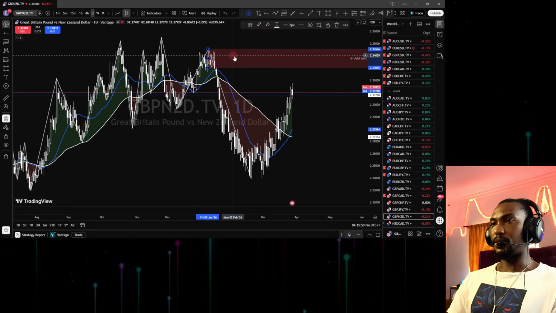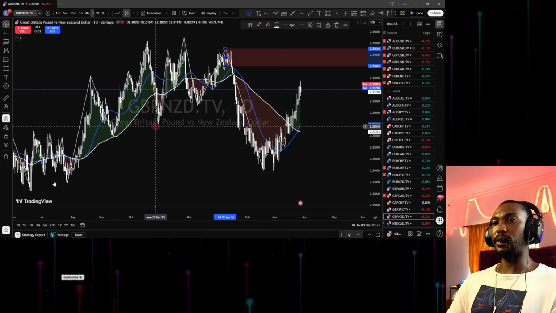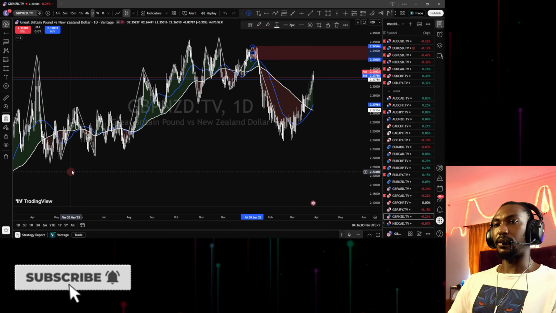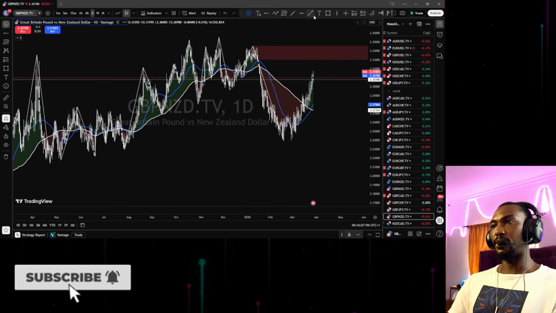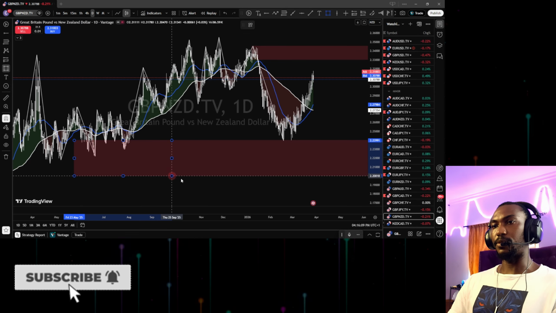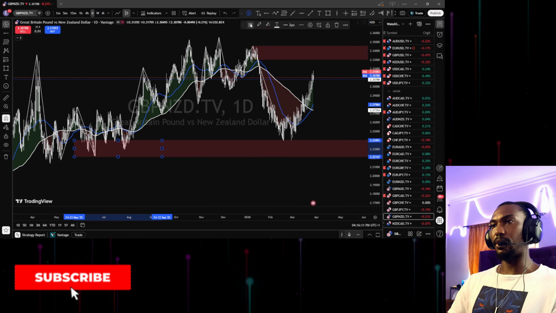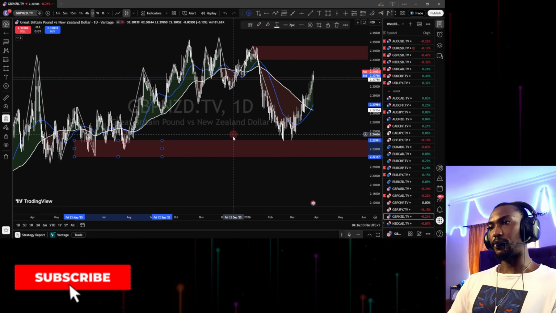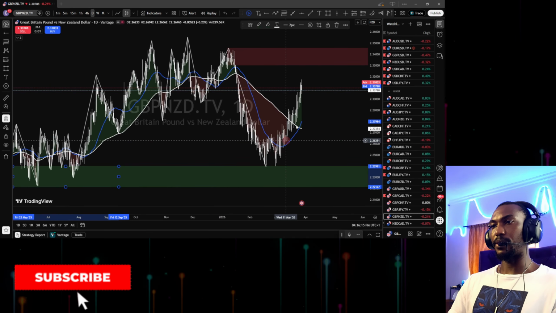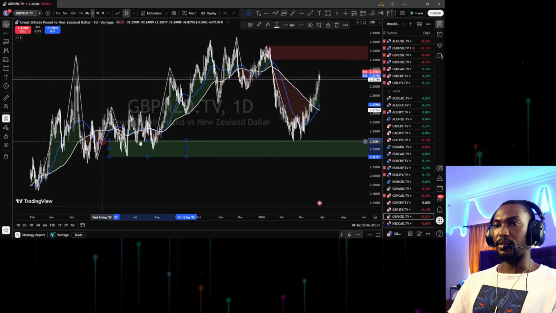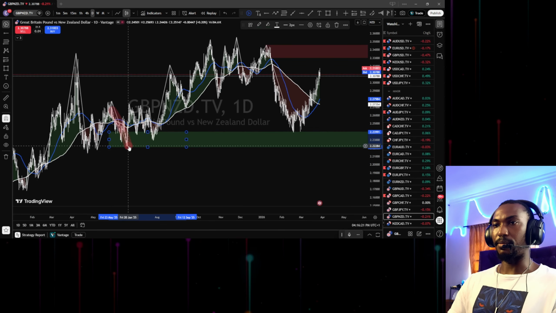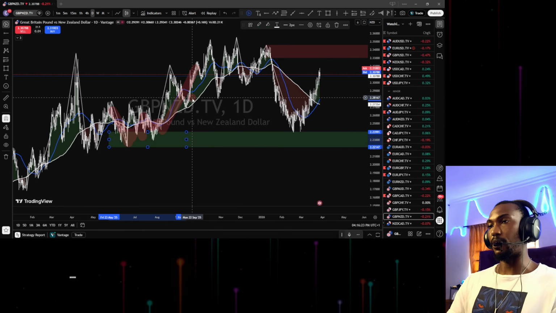They are still far from it, though we can see price is pushing off a clear area of support around here. This is an area of support where price has come to mitigate, and price is really respecting this support area. As you can see, when price came down here before, we had some bounce and price went off.